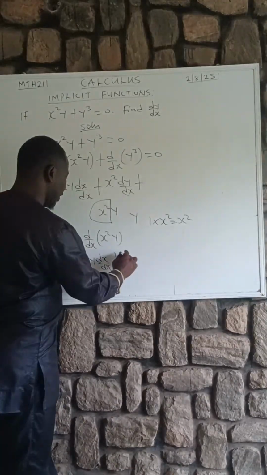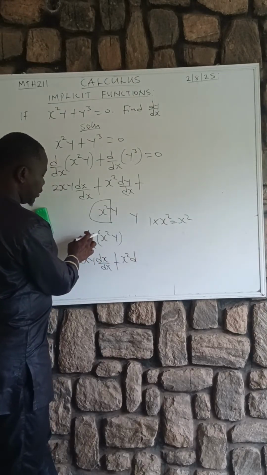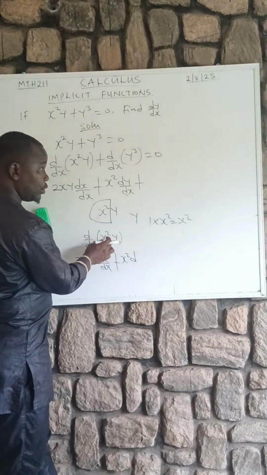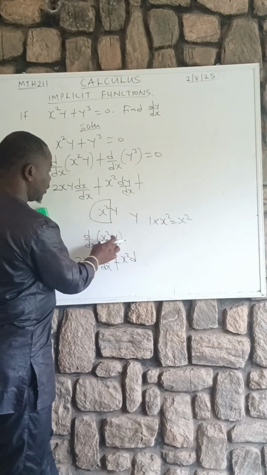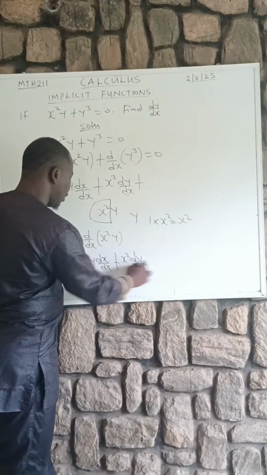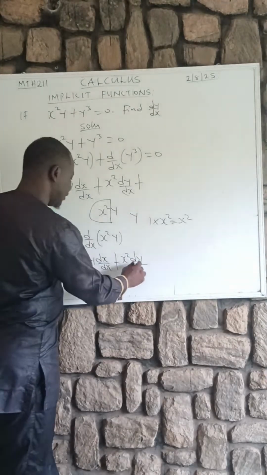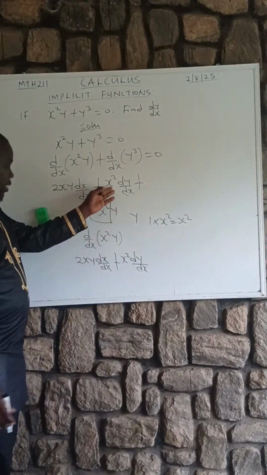So x squared d what? The variable you differentiated with respect to, sorry. So it means we differentiated for what? Y. So it will be the y all over the existing dx. Dx. That is why we got this one.